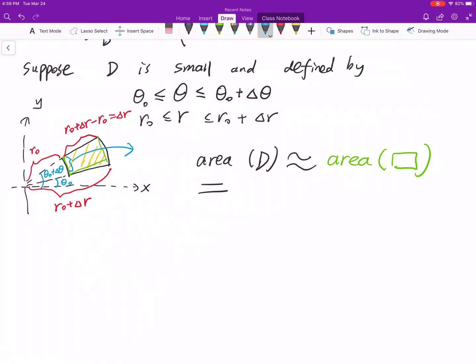Notice that this is not delta theta, but delta theta times R0. This is a crucial point.